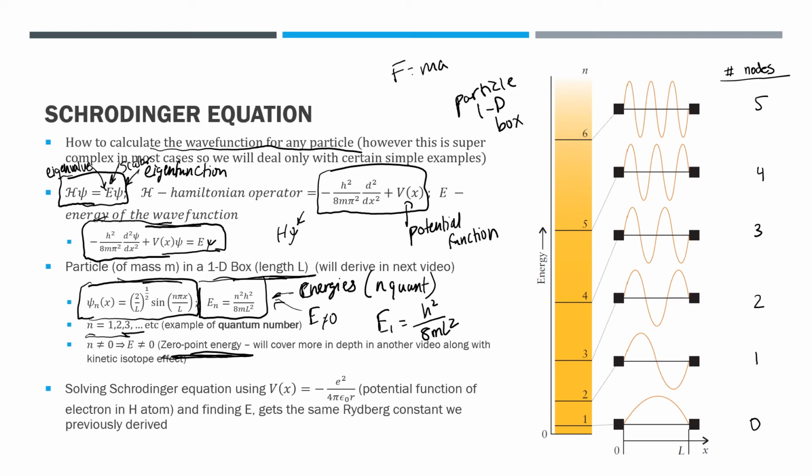But basically what this means is that our lowest energy is called our 0-point energy, but it's not equal to 0. And this is consistent with our idea of the uncertainty principle, right? The lowest possible energy a particle can have cannot be 0, because if it's 0, that means it's perfectly still. And the uncertainty principle tells us that we can't be sure that a particle has 0 velocity or has no momentum.